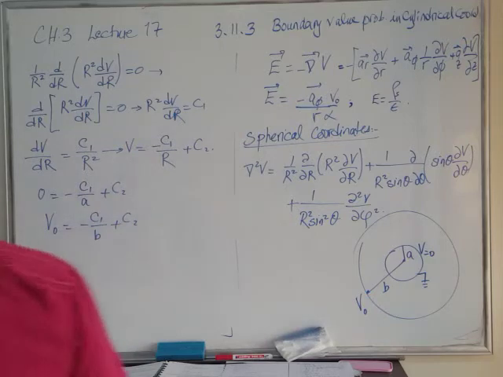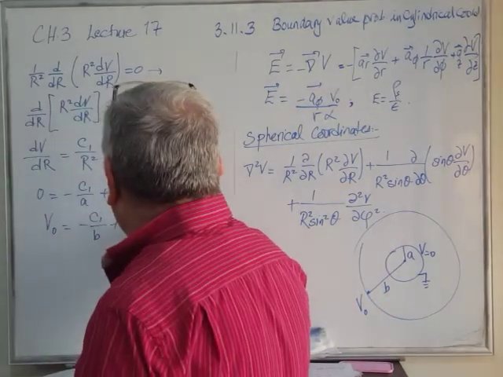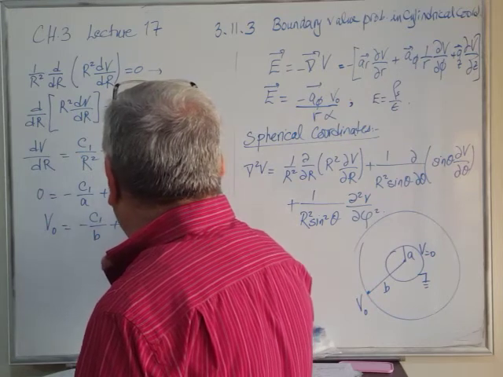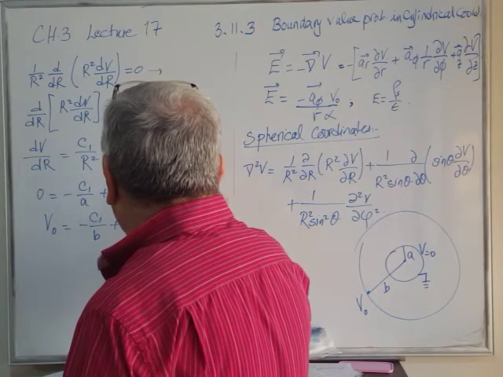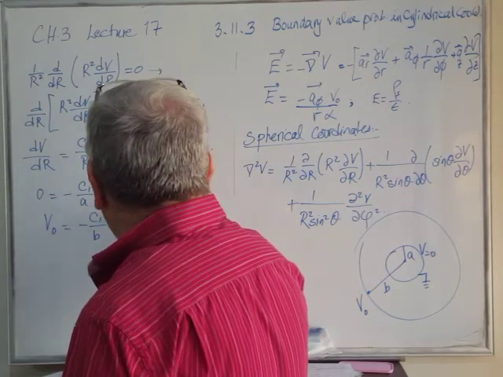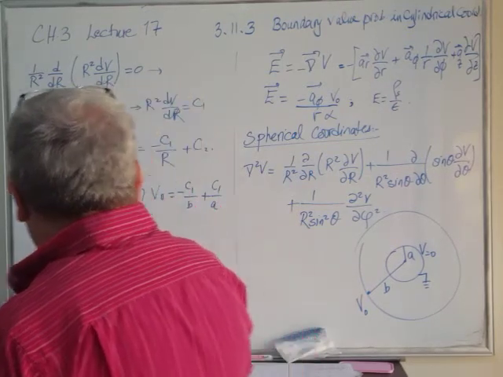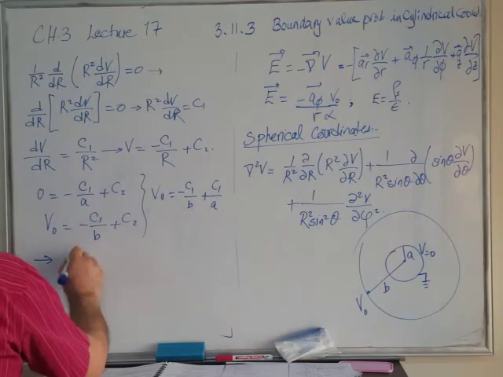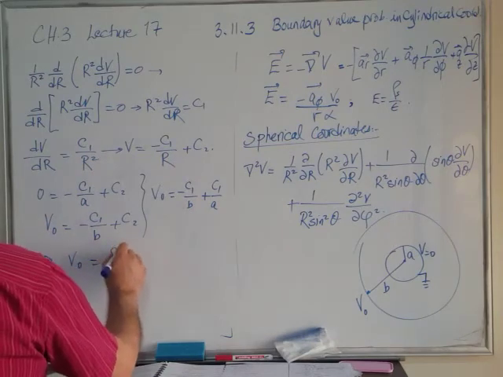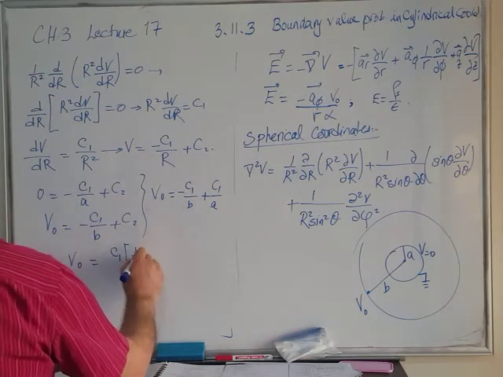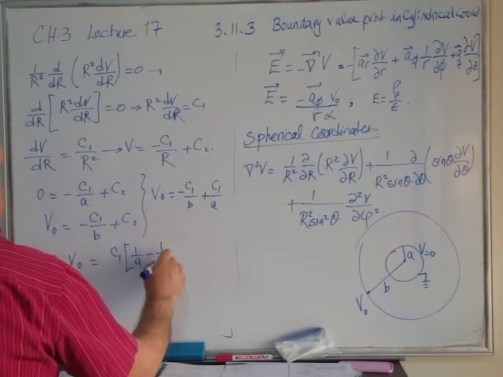If you subtract these two, what do you obtain? You obtain V0 equals minus c1 over b plus c1 over a. So this will give you V0 equals c1 into 1 over a minus 1 over b.